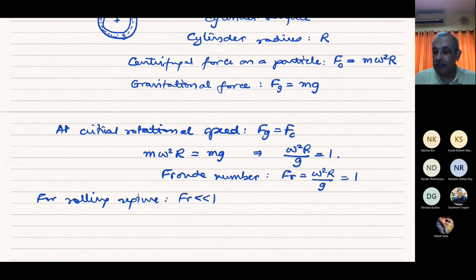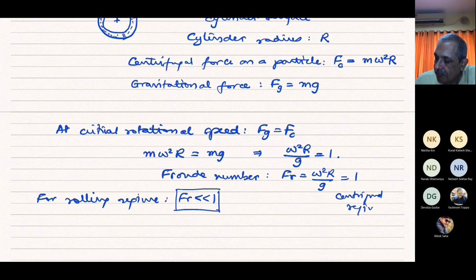Much less than 1 means it will be something like 10 raised to power minus 3 or something like this. And this is equal to 1 for the centrifugal regime.